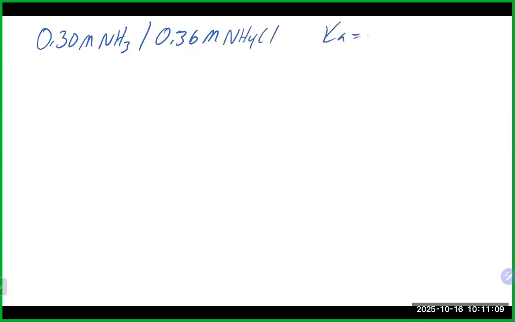Again, Ka is 5.6 times 10 to the minus 10 for NH4 plus.